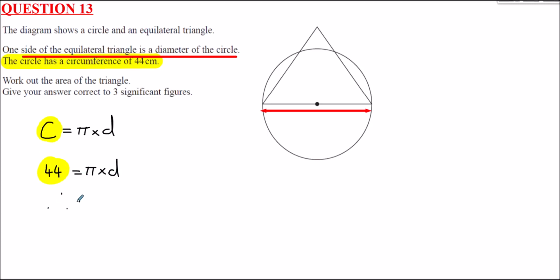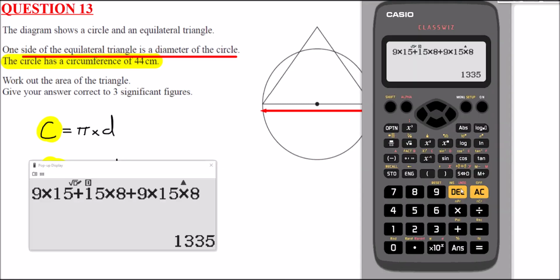So therefore the diameter of the circle, in other words also the base of this triangle, which is therefore the length of each side of this triangle because it's equilateral, rearranging this, if we divide both sides by pi, the diameter will be 44 divided by pi, which is, well, let's see.